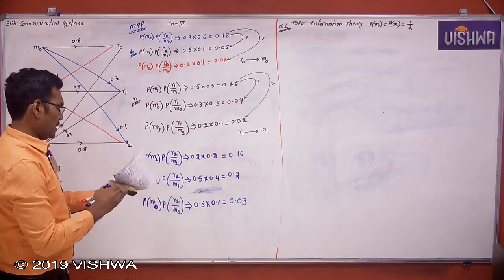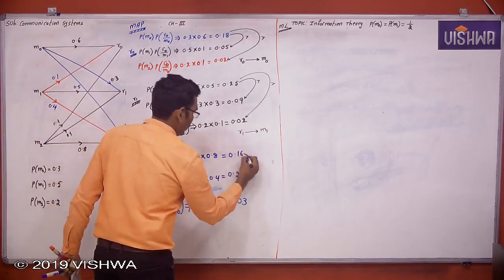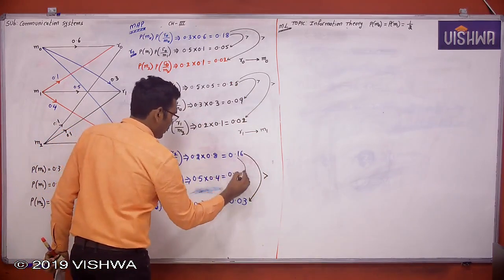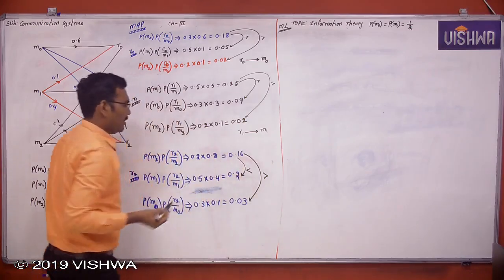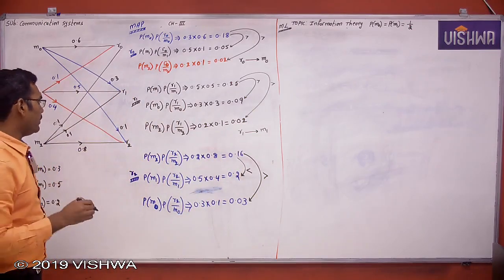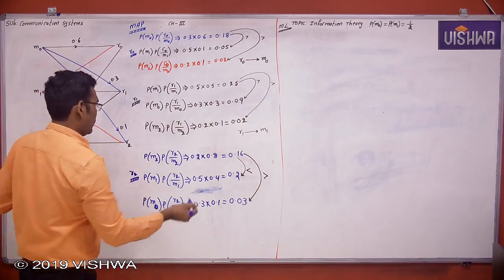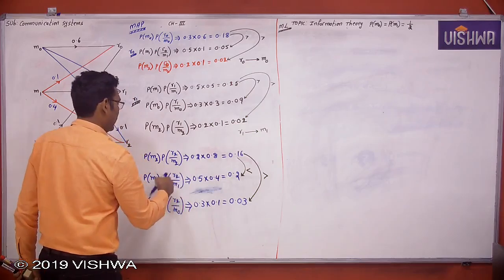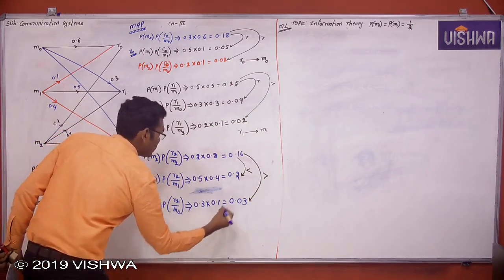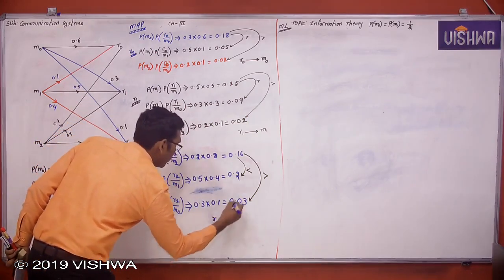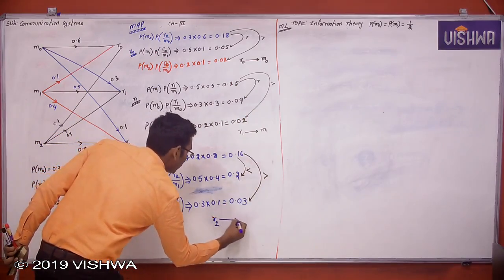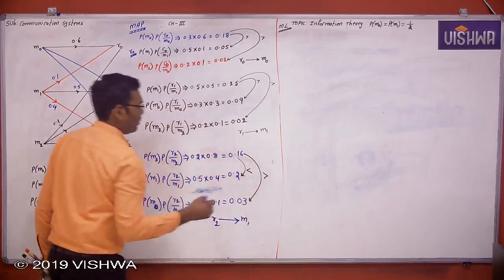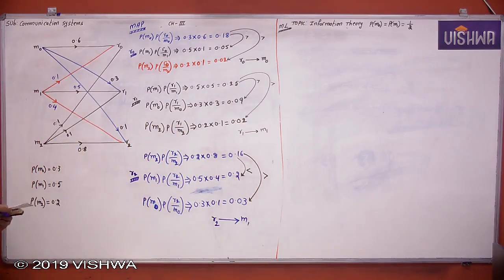But now you see here, this one is greater than this, but this one is less than the other, so the condition has failed at M1. Therefore R2 is not decoded as M2; R2 is decoded as M1.